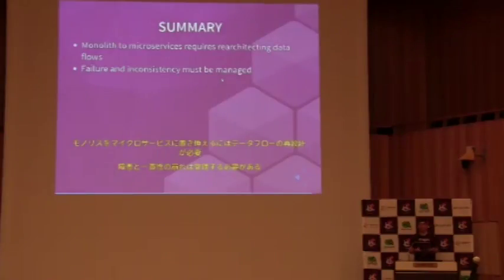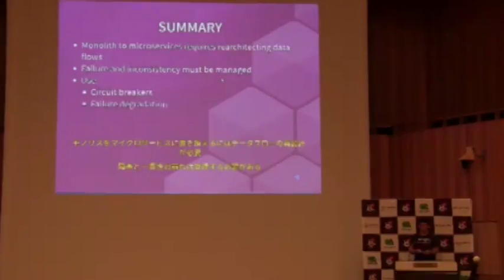To do that, we've learnt three patterns. First of all, we've learned about circuit breakers, which help our system be more resilient in general. We've also learnt about failure degradation, which ensures that when one part of our system fails, it's not going to cause the rest of the system to not function.